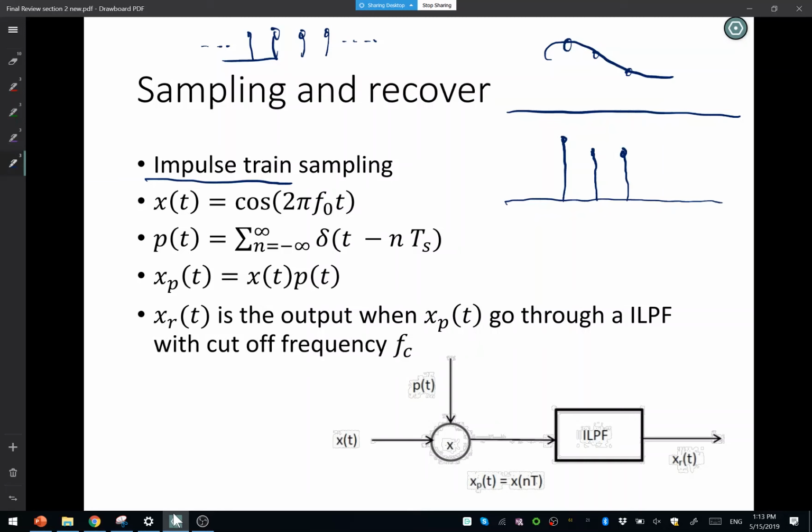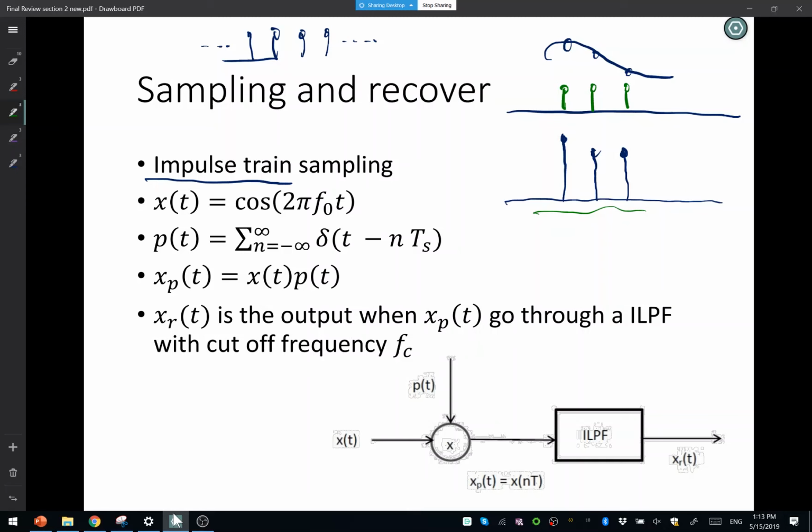So how do you get these spikes? You acquire these spikes by multiplying the continuous signal with an impulse train like this. Then we get the signal below. This is the sampling process.